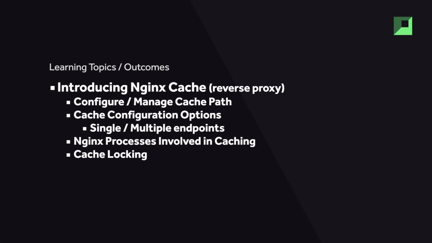And then we talk a little bit about some of the different Nginx processes, so we get an idea of what's happening behind the scenes, how Nginx manages the cache process, and then potentially move into some other aspects, for example, cache locking. This is meant to be an introductory guide, so we won't go into too much detail, but I want this to be a baseline introduction so that we can move into deeper content later on in this tutorial series.